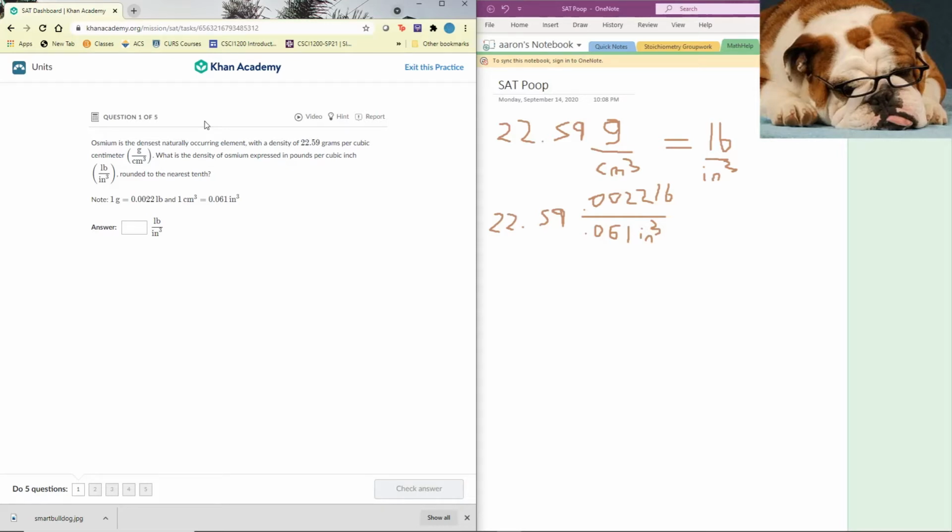Enter. And when we do this, we get 0.8147. Okay? And it wants us to round to the nearest tenth. The nearest tenth is 0.8.